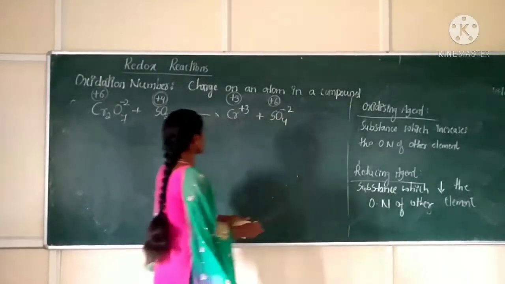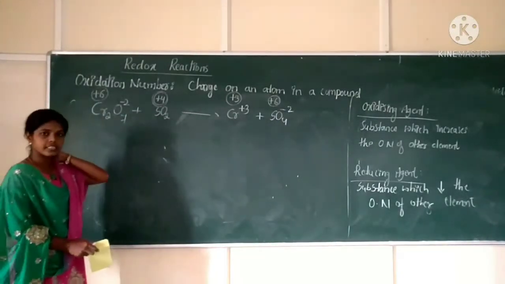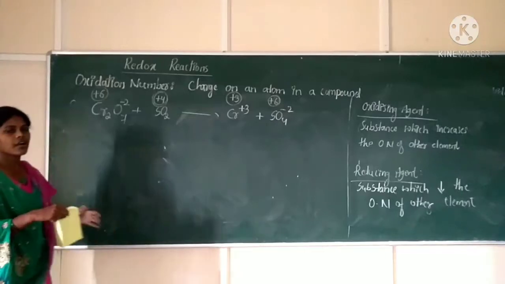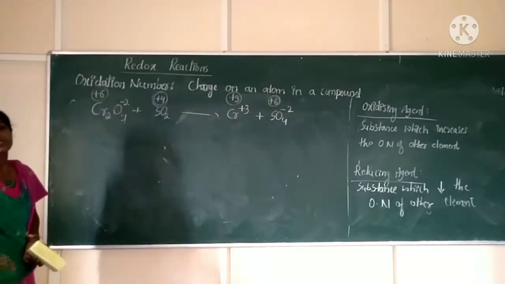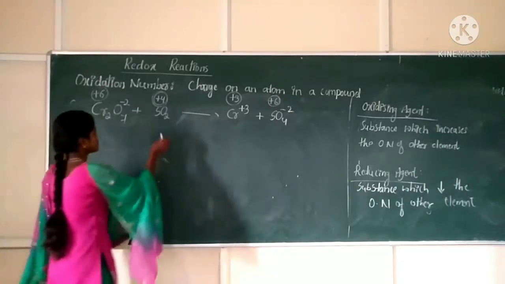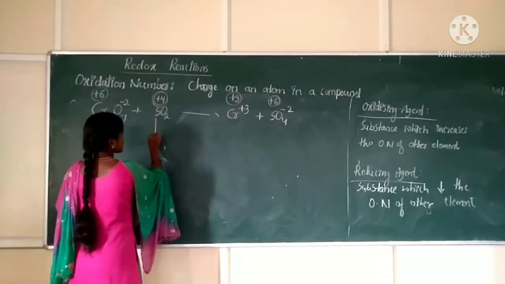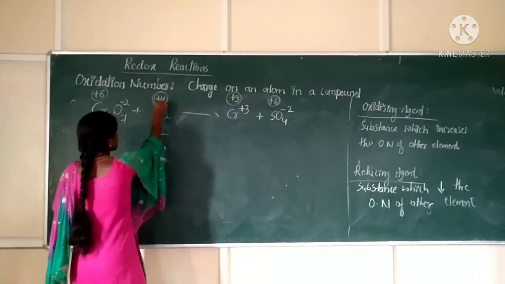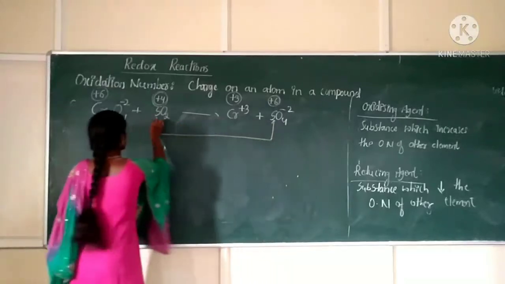Now, what is oxidation and reduction? An increase in oxidation number is called oxidation. Now, which is increasing the oxidation number here? Sulfur is increasing its oxidation number from plus 4 to plus 6.